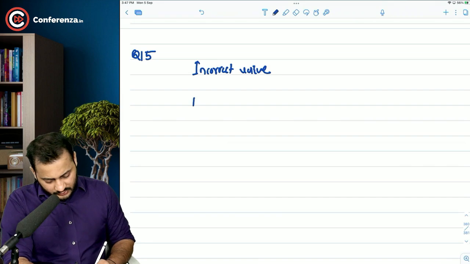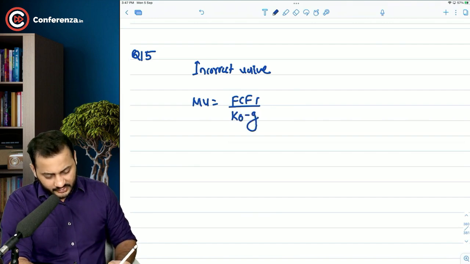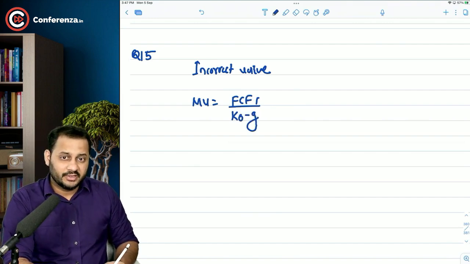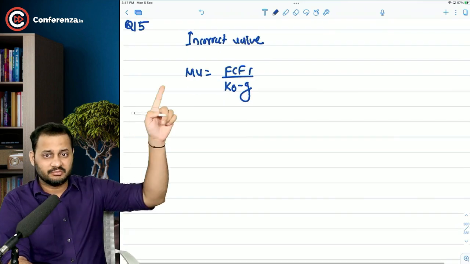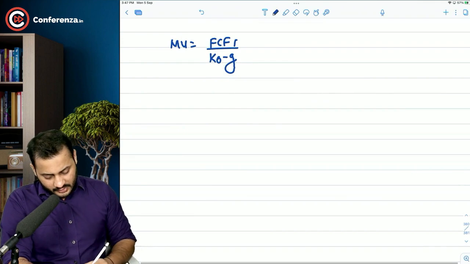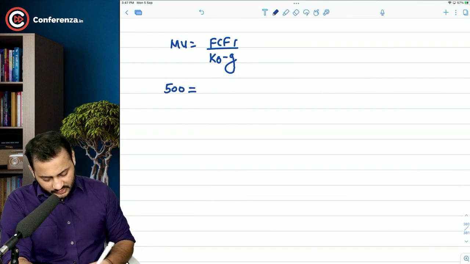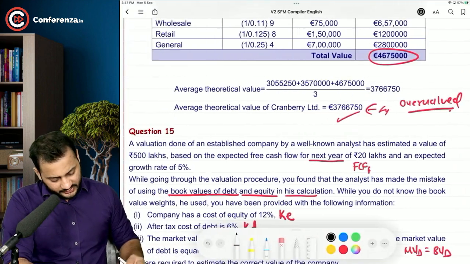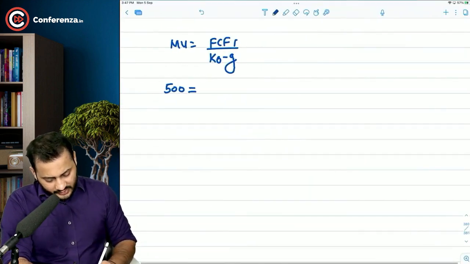So what is the formula? Market value is equal to free cash flow of the firm for the next year divided by overall cost of capital minus growth, because equity and debt both are involved. And this is not just the market value of equity, it's the market value of the company itself, which is 500 lakhs. Free cash flow to firm is around 20 lakhs.